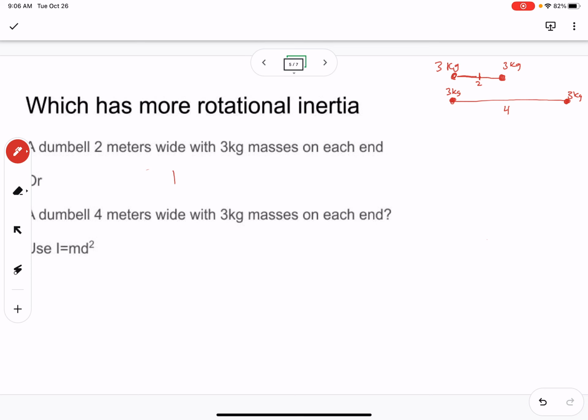So I equals md squared. The mass is 3 kilograms, times the radius squared, which is 1 squared. That equals 3 times 1 squared. 1 times 1 is 1, so it's 3 times 1 is 3, and it's kilogram meters squared.